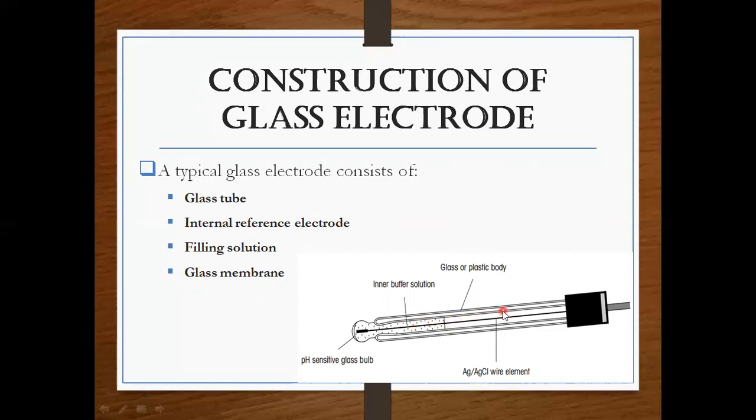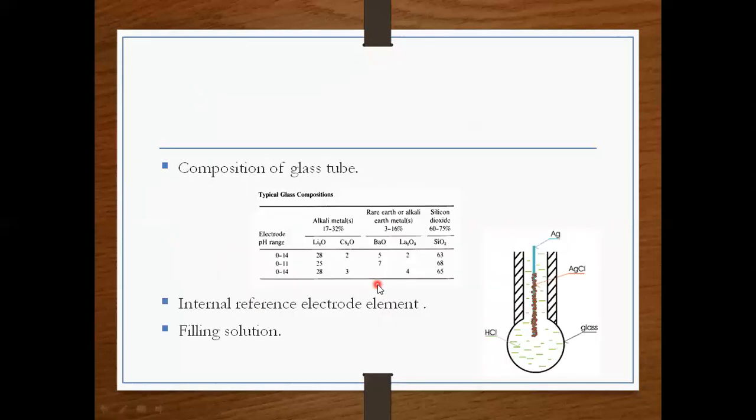This one is the internal reference electrode immersed in the internal buffer solution, the filling solution, and this one is the pH sensitive glass bulb or glass membrane. We will see the construction of these materials in the following slides.